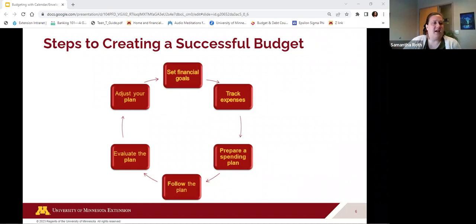Was there something that showed up that should have, or that happened this month? Were we way off track? Were we on track? And then adjust that plan based on what that evaluation showed you. This is a never-ending cycle as you keep setting financial goals, meeting them, and then starting new ones. You're restarting and doing more and more.